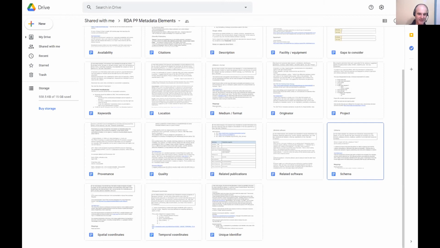And if we did that, then we could start thinking about not only publications and software, but also the relationships between the data and the samples or the artifacts or the specimens from which data has been derived.